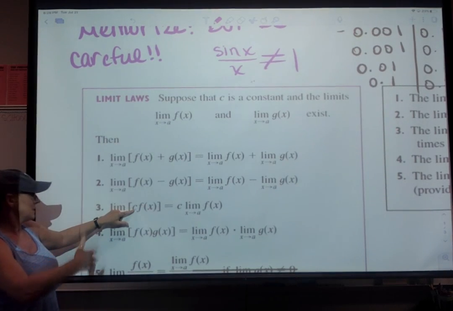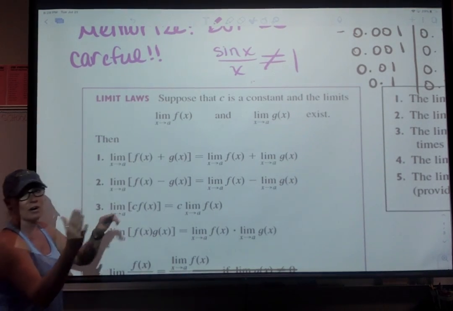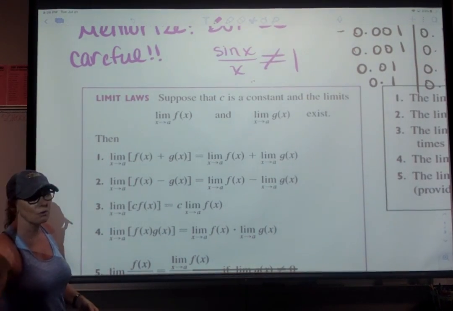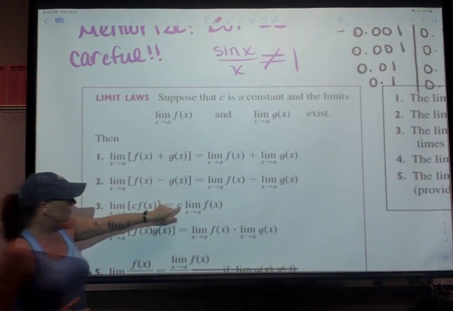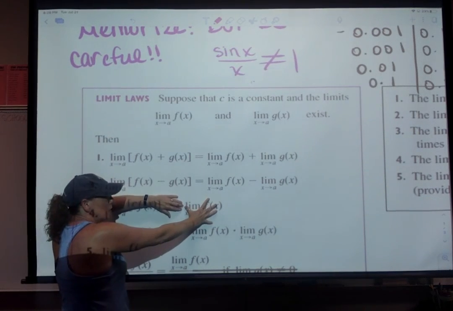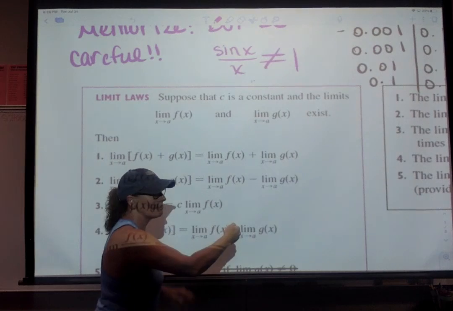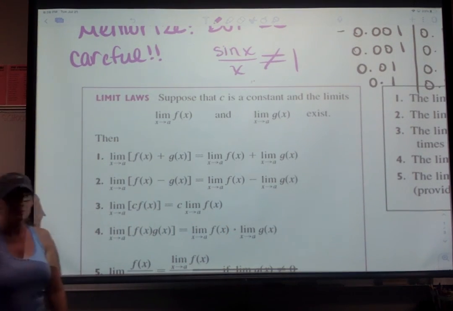And I'd be like, man, I just wish the constant were out of my way so I could do this limit. You can pull the constant off. So I can pull the constant off, I can evaluate my limit, and then you can put the constant back on and multiply it in.